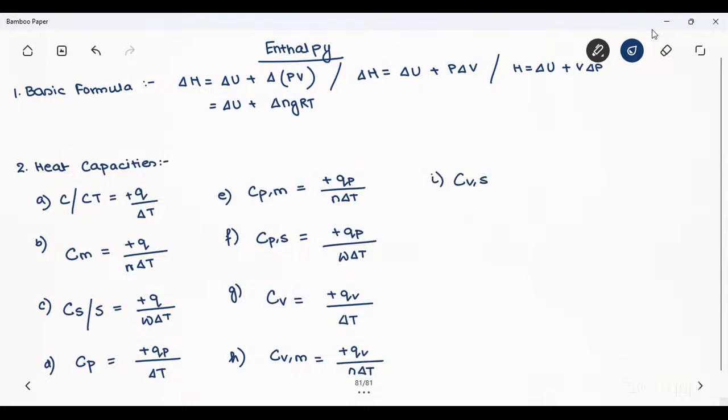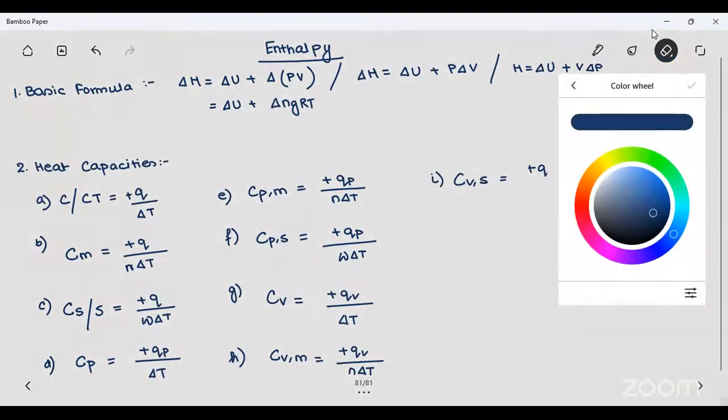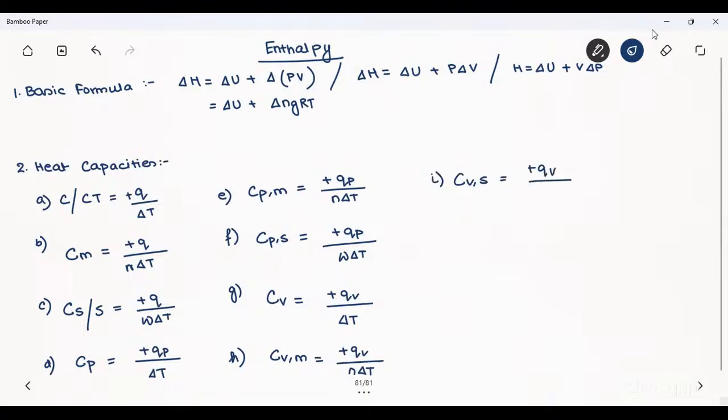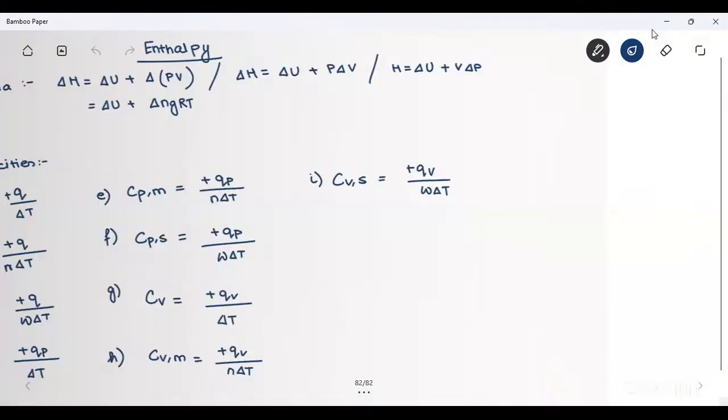What was this? Specific heat capacity at a constant volume. Plus QV by delta T. Yeah, I made a mistake. Okay. So these are the things we have learned. Now we have also learned, I'm writing in the next page.